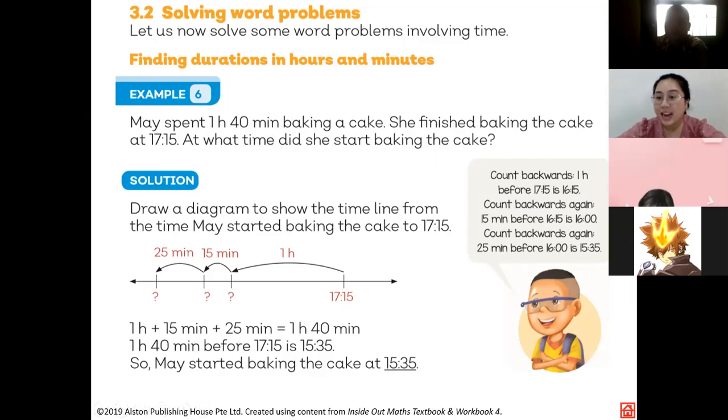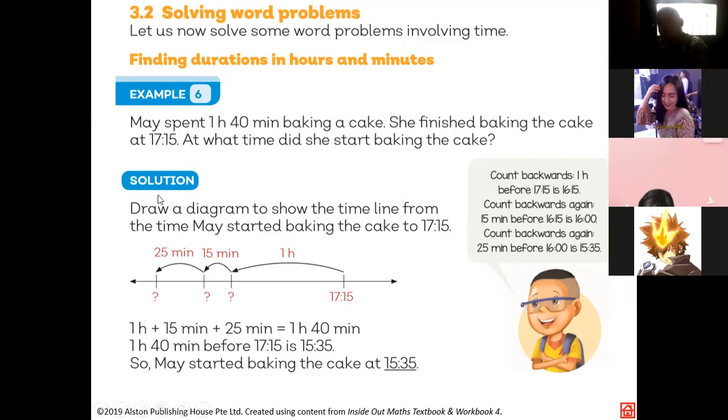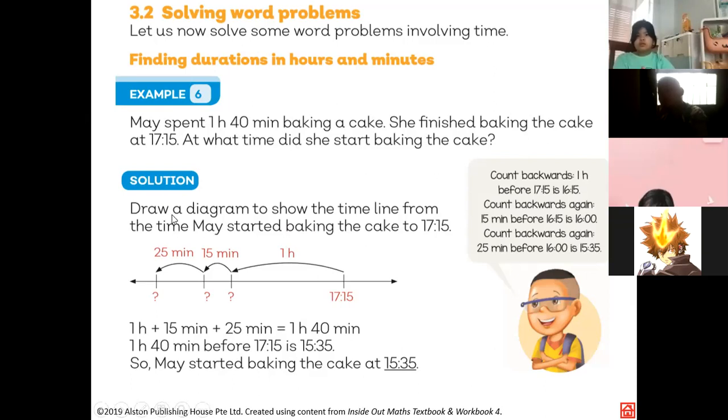Okay, thank you, teacher Gun. Okay, now class, listen, here's the solution. Draw a diagram to show the timeline from the time May started baking the cake to 17:15. So this is the timeline, okay?